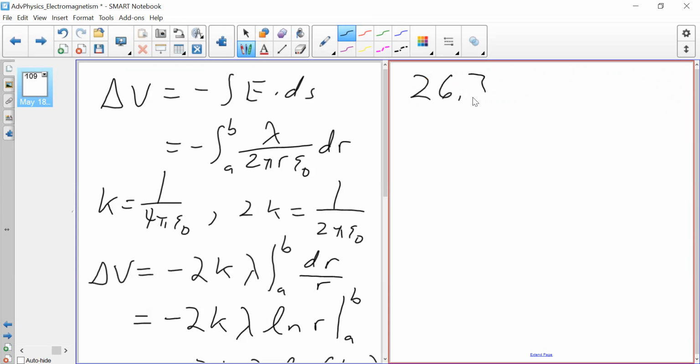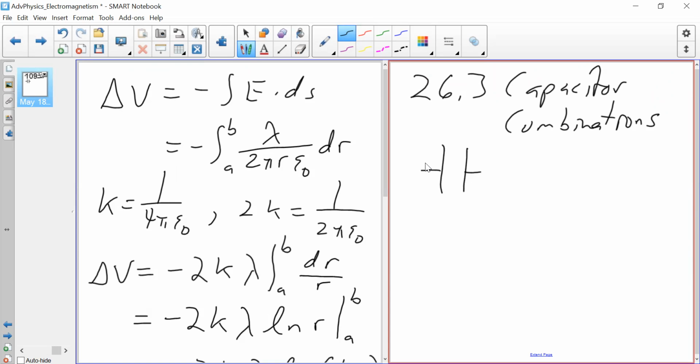Okay, so section 26.3, capacitor combinations. Now we're going to get into basic circuits here. In a circuit, we're going to represent our circuit components by different symbols. So our capacitor will be like this. A battery will generally be like this for positive and negative terminal, this one having higher potential and negative, lower or zero potential.